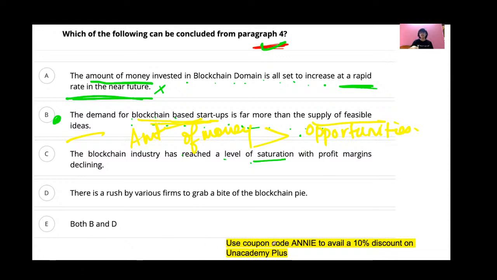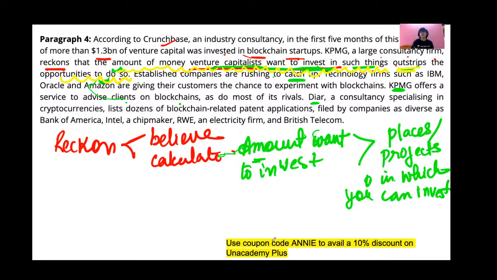Okay? Then if you see this sentence, lists dozens of blockchain related patents filed by companies as diverse as Bank of America, Intel, chipmaker RWE, and electricity firm.